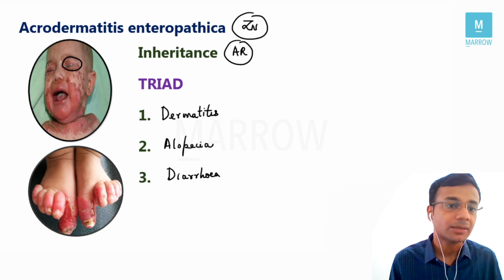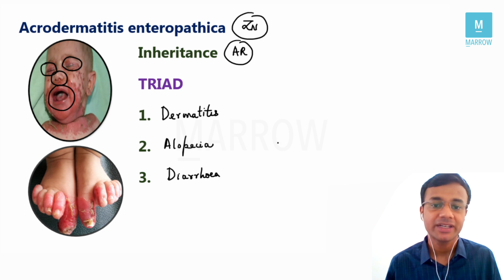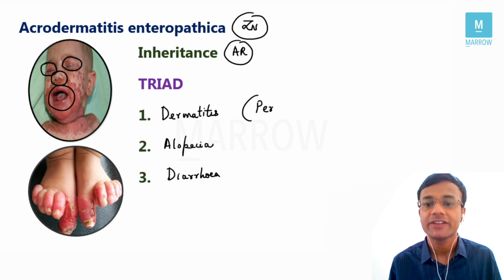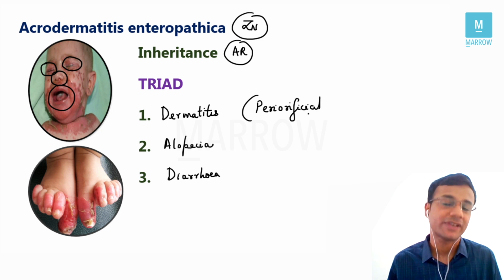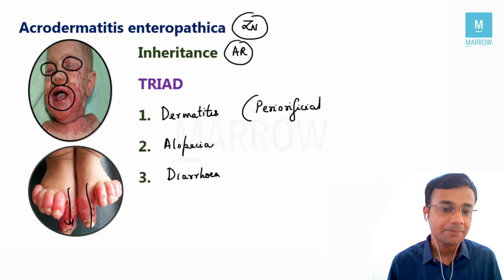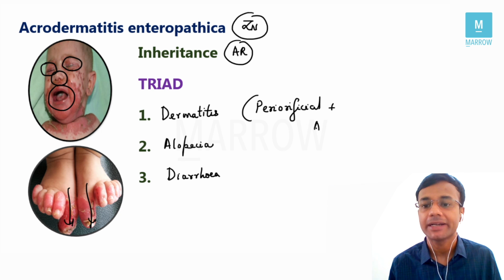And please look at the dermatitis. What is the pattern of dermatitis you are seeing? Number 1, it is periorificial. That is, it is located around the orifices, around the eyes, around the nose, around the mouth. And the second pattern is the acral pattern.